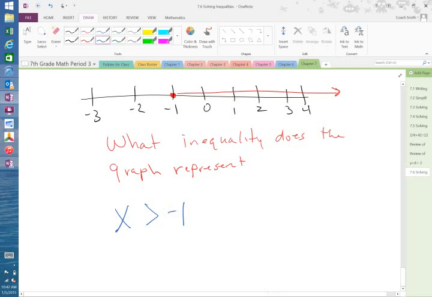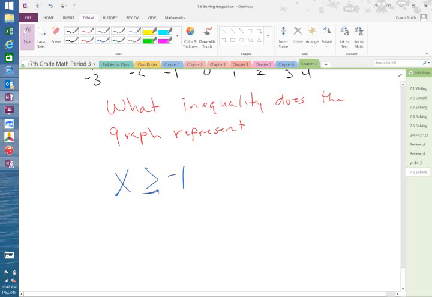Now, to finish the inequality sign, we look at the dot. Is the dot colored in, or is it not colored in? Colored in. So that means it has to be x is greater than or equal to negative 1. Okay? Let's say it was just the opposite.